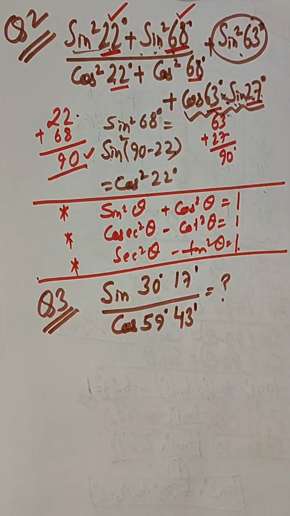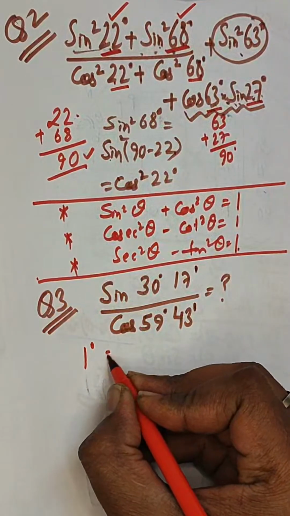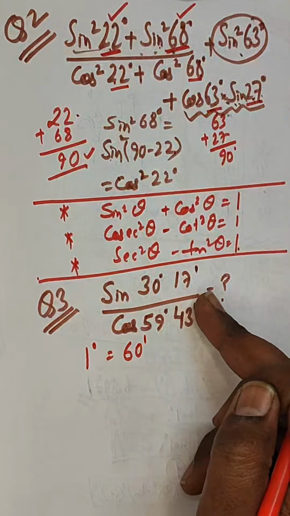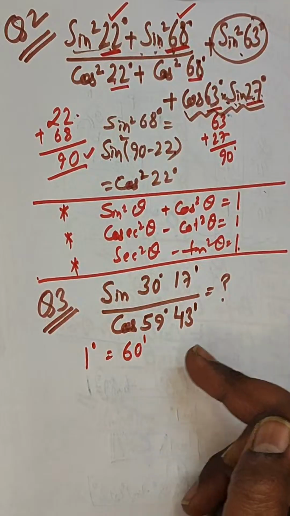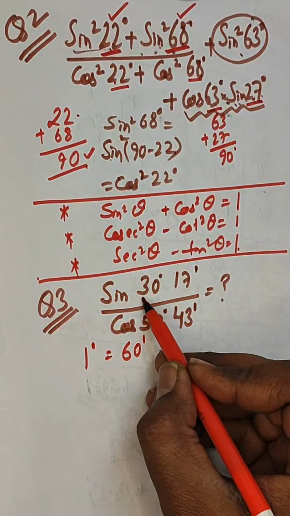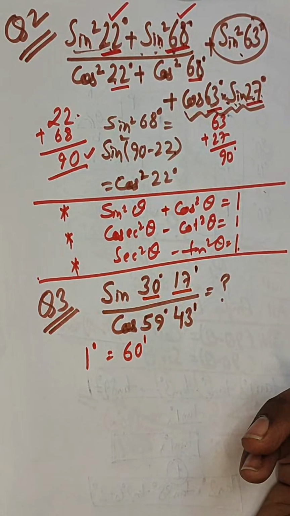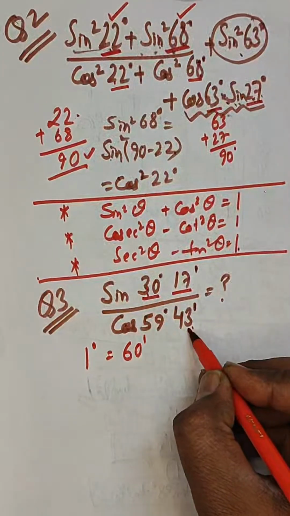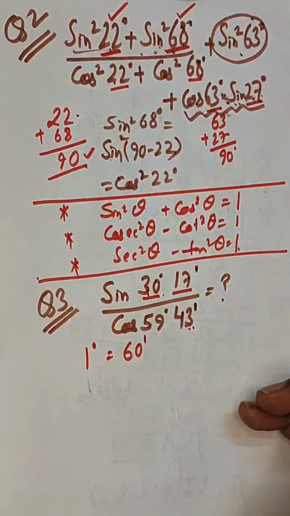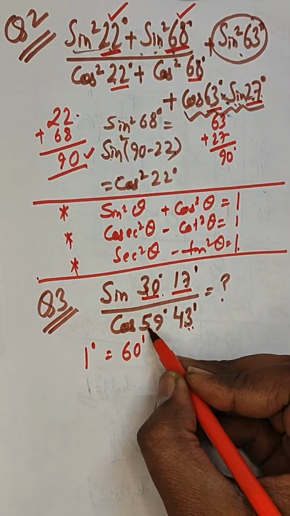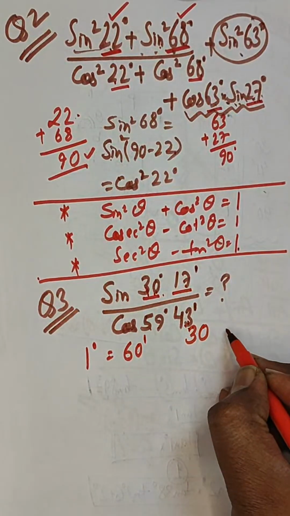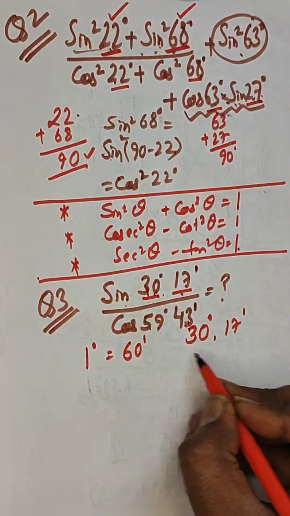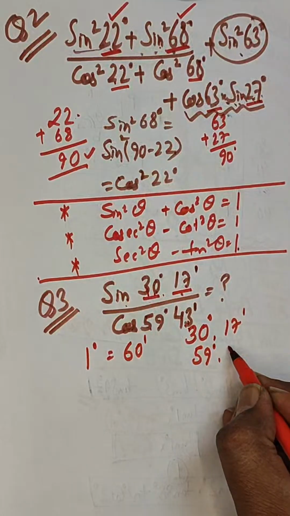The thing you need to remember is that in 1 degree there are 60 minutes, and when there is the concept of seconds, in 1 minute there will be 60 seconds. Let me explain how this works with sine 30 degree 17 minutes and 59 degree 43 minutes.